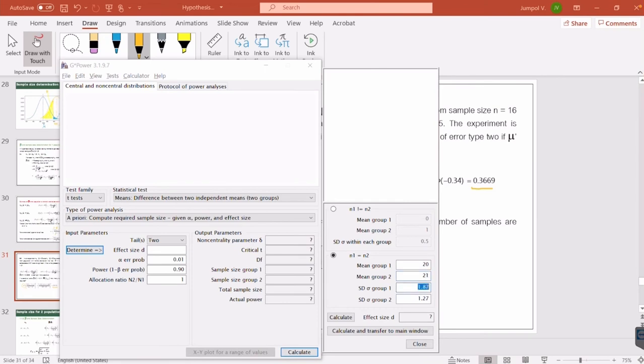The standard deviation of the first group is 1.5, the same as the standard deviation of the second group, which is also 1.5. So we can calculate the effect size D, which is 0.666667. So we copy that and put it in here, and then we hit the calculate button.